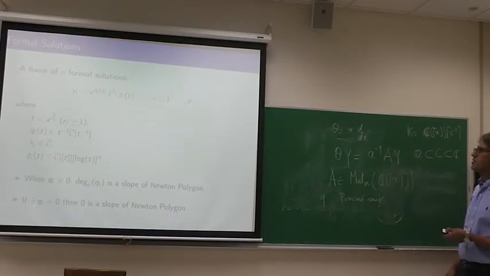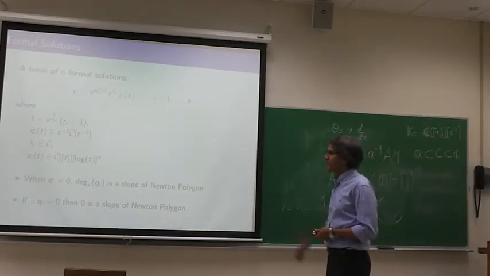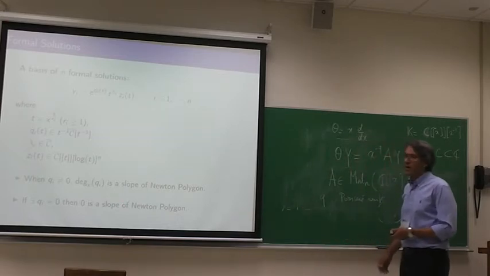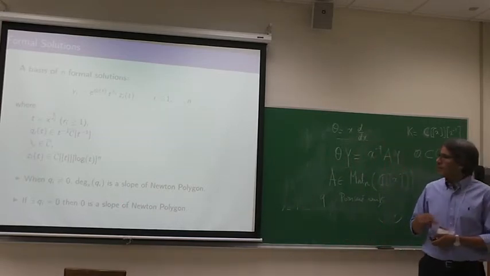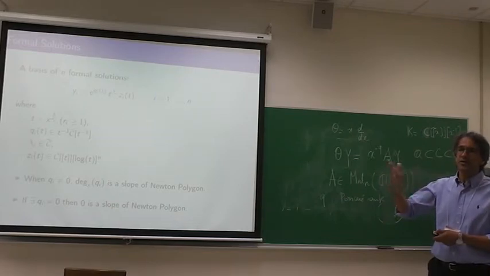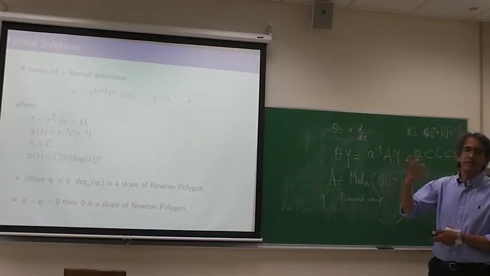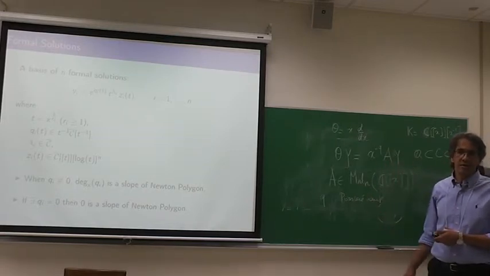And when q sub i is equal to 0, this is called a formal regular solution, and it means that the Newton polygon of the system has a horizontal side, a slope 0. The Newton polygon of the system is defined as the Newton polygon of any scalar differential equation that is equivalent to the system, obtained by the method of cyclic vector.